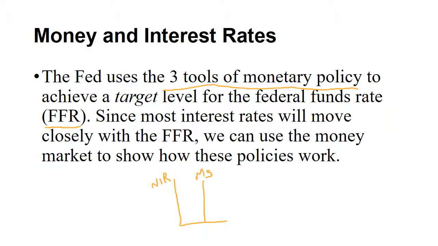And where that intersects with money demand is that target nominal interest rate or target federal funds rate that the Federal Reserve is trying to achieve. So if they wanted the interest rates to go up, they could shift money supply to the left. That would raise interest rates. Maybe they're trying to hit a higher federal funds rate. So they're going to use those 3 tools in order to shift money supply.